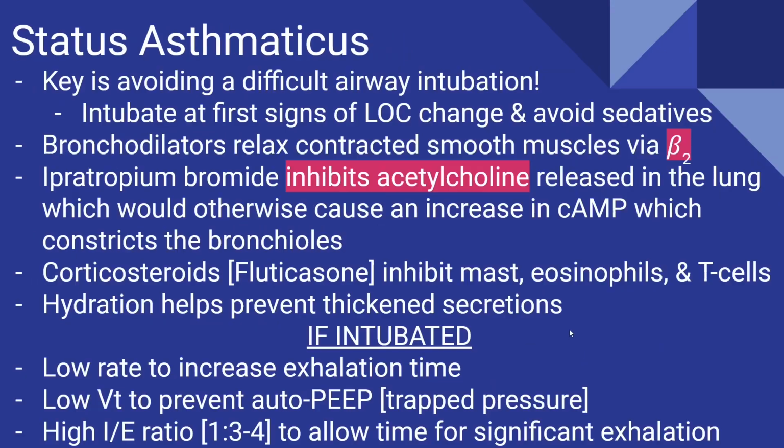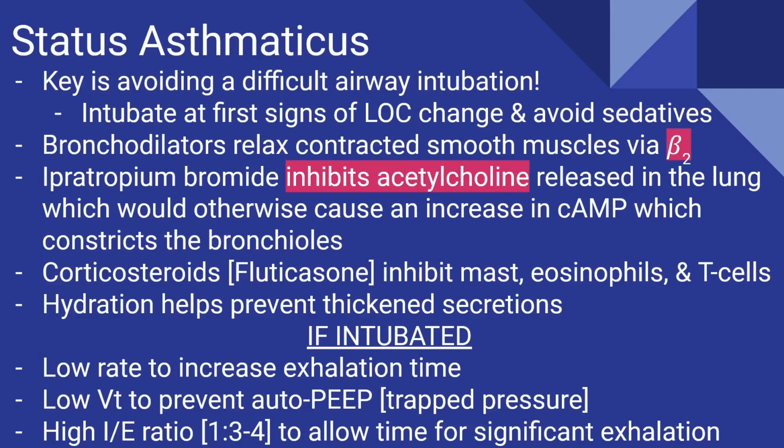That's one of the key things with asthma attacks, is avoiding a difficult airway intubation. So the first signs of a level of consciousness change, which is caused by that CO2 retention, we want to intubate. And we really want to avoid sedatives if possible. Anything that's going to distract us from how bad their respiratory state is, we want to avoid.